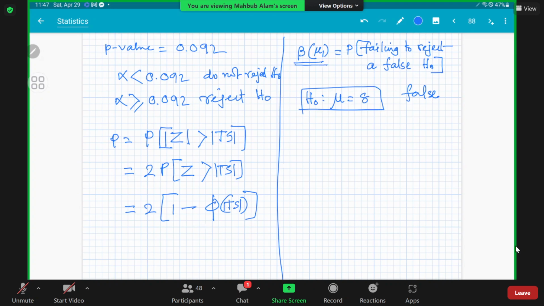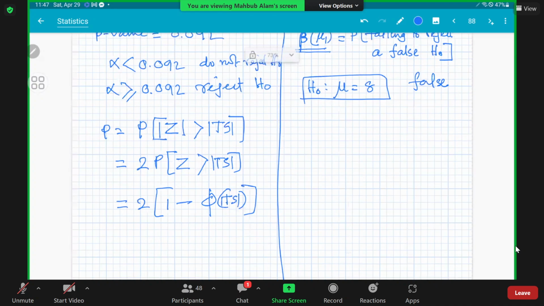by beta. For calculating the value of beta, we need to know the true value of the parameter. We will be able to calculate the probability of type 2 error if and only if the true value of the parameter is given.